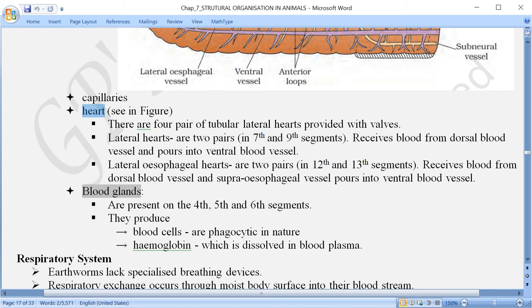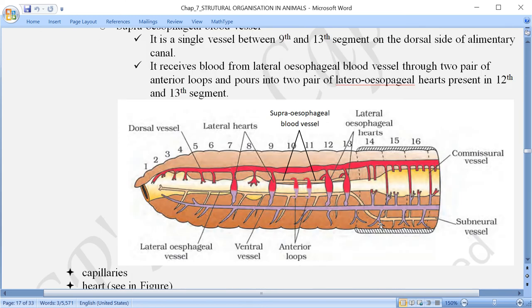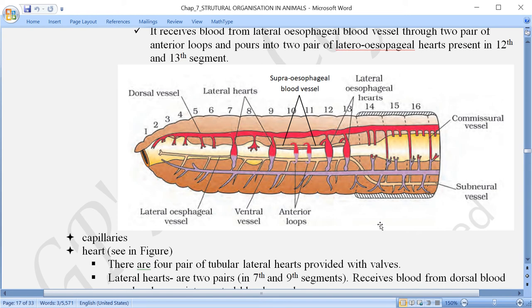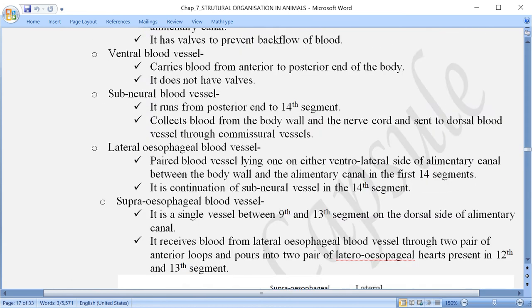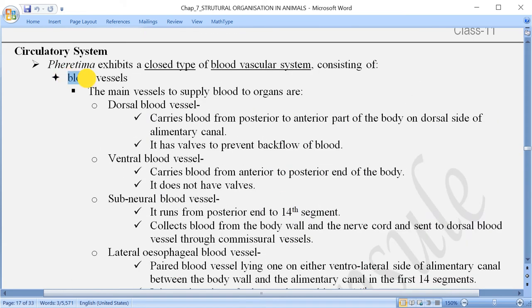And there are some blood glands which produce the blood cells, especially WBCs, and the hemoglobin is also produced by the blood glands.